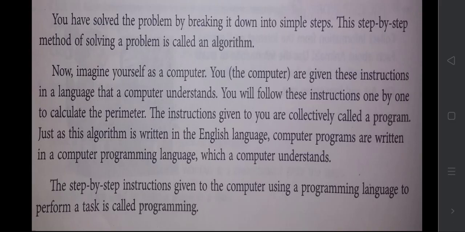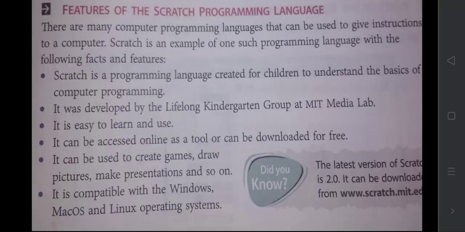Just as this algorithm is written in the English language, computer programs are written in a computer programming language which a computer understands. The step by step instructions given to the computer using a programming language to perform a task is called programming.